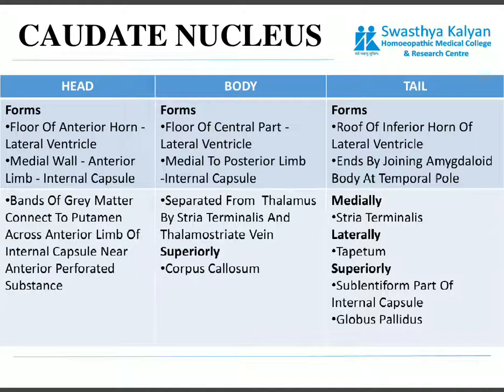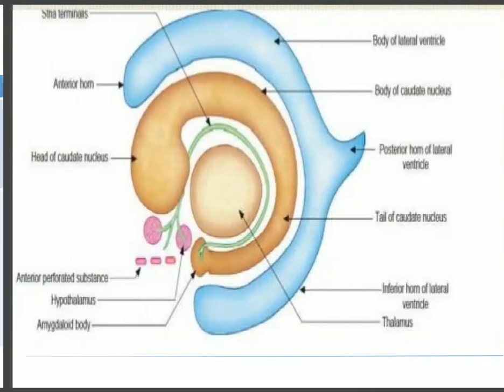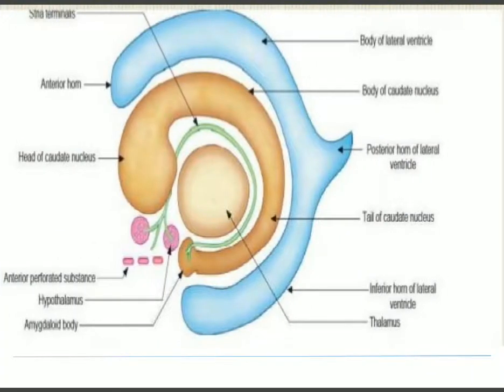Medially it is related with the stria terminalis, laterally to the tapetum, that is fibers of the corpus callosum coming from the trunk and the splenium. Superiorly, it is related with the sublentiform part of the internal capsule and the globus pallidus. This image here shows the relations of the caudate nucleus with the lateral ventricle.